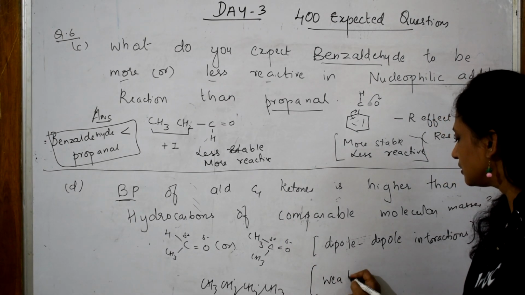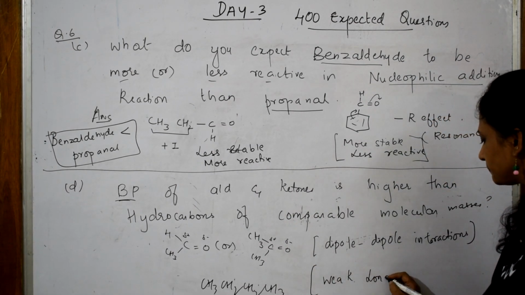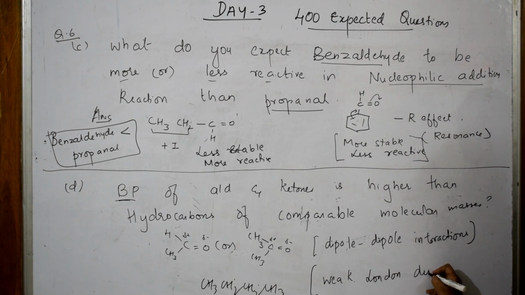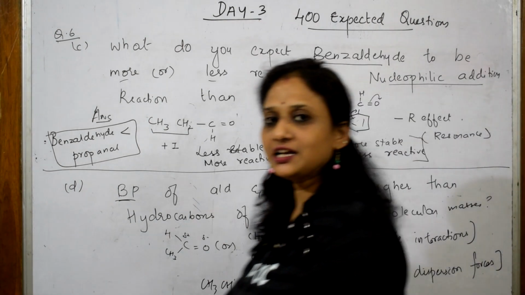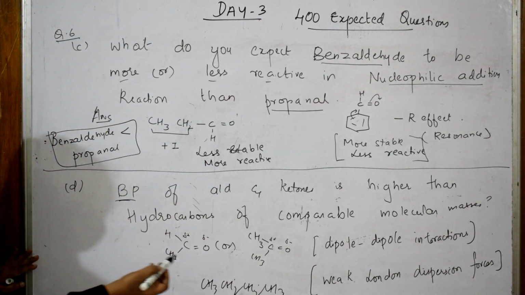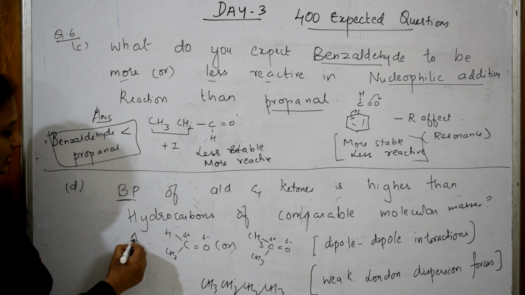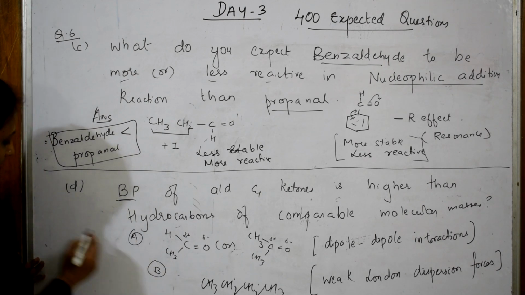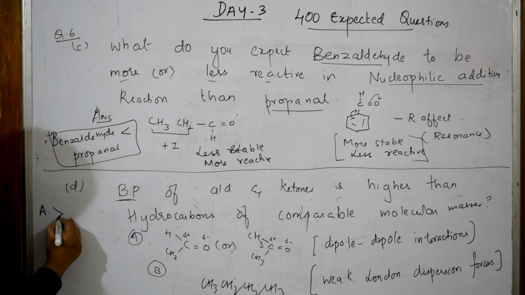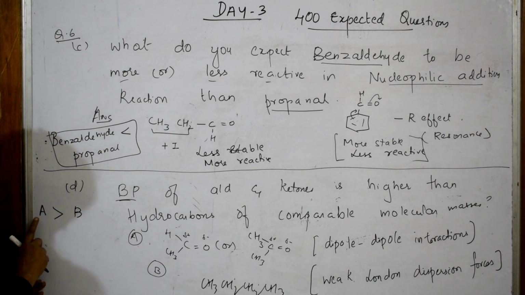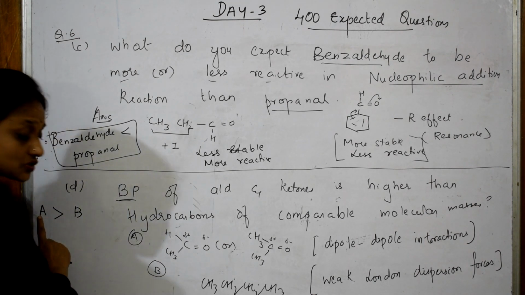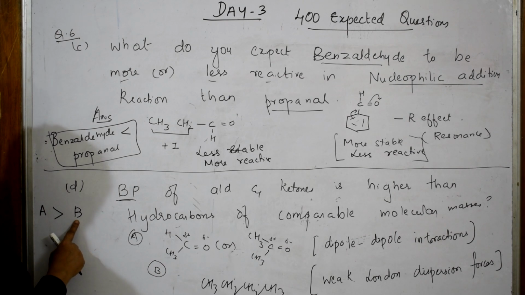Weak London dispersion forces. So you can write directly when we see the forces, weak London dispersion forces. So in A and B, what will you write? A forces are stronger than B forces. Means dipole forces are stronger than your London dispersion forces.